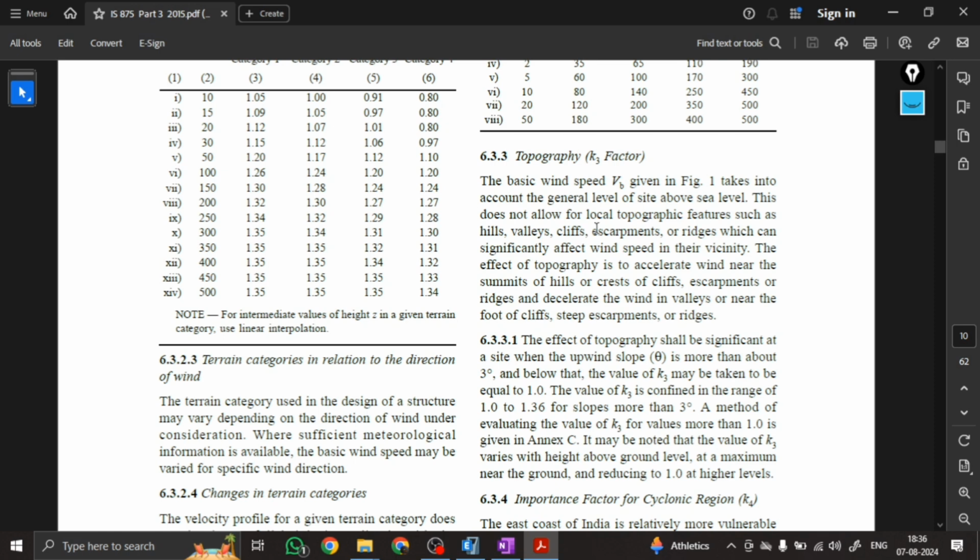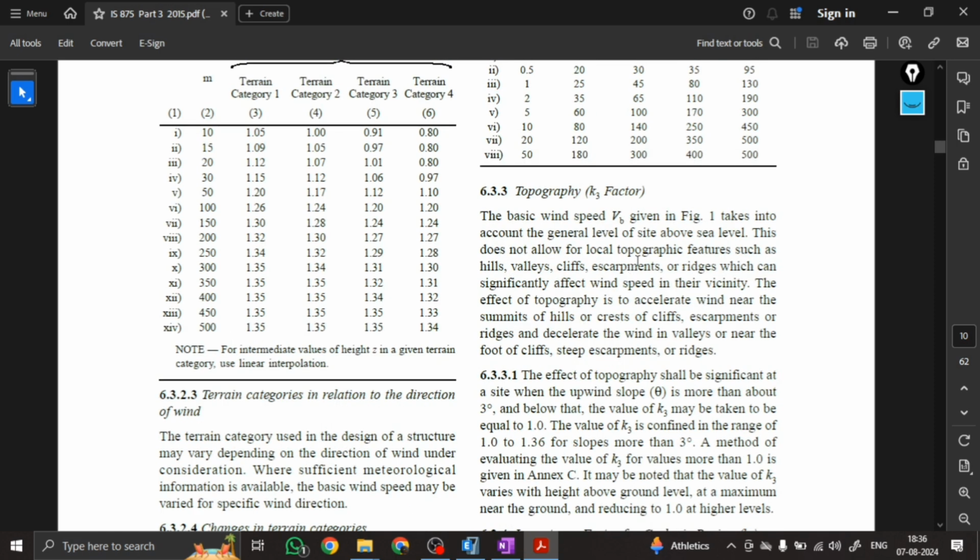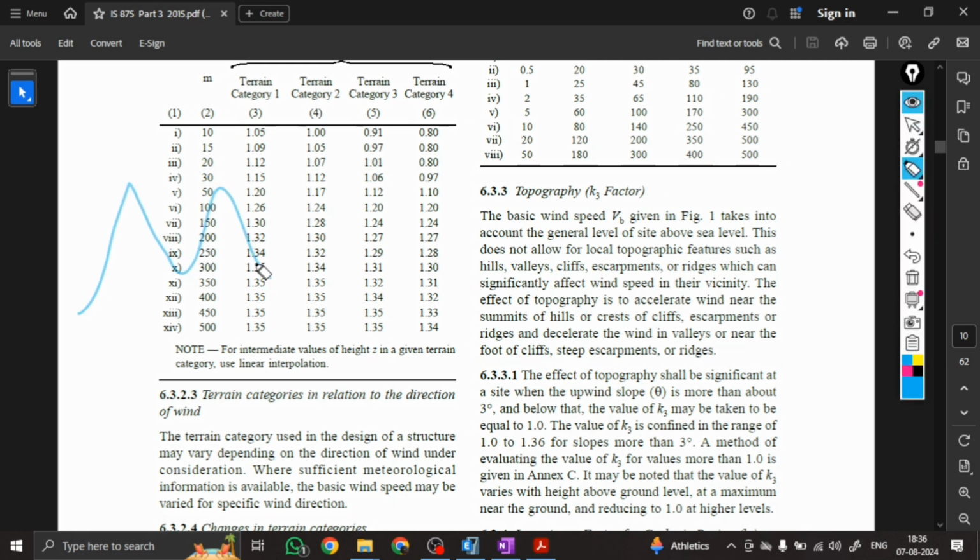What it says is, if our building is in hills, valleys, cliffs, escarpments, in simple words, if we have a hill like this, the wind will touch it, and this is the top level of the hill.